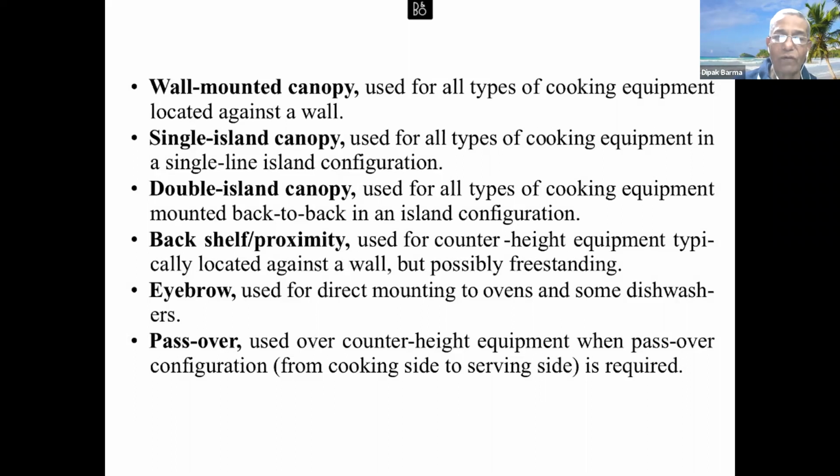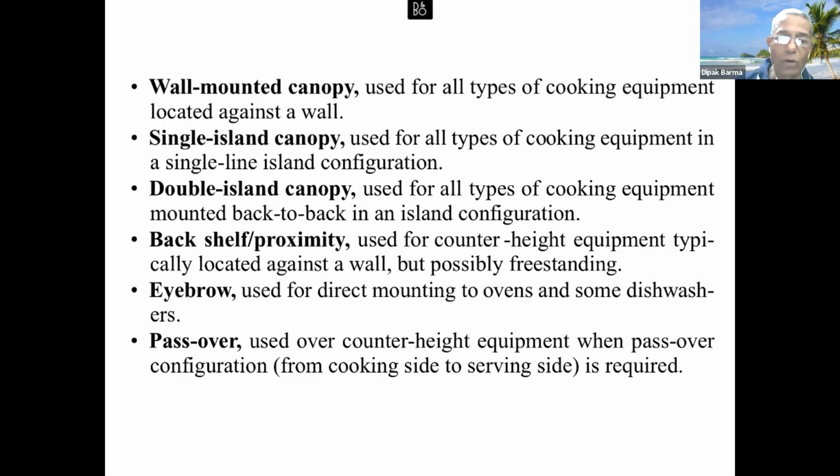Back shelf, or proximity type, is for counter height equipment typically located against a wall, but could be freestanding also, but we'll have a back sheet which is provided, which will act like the wall. Eyebrow type is for ovens where you are pulling out drawers.